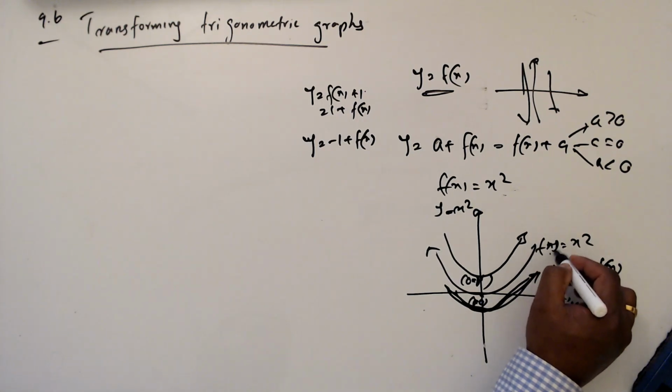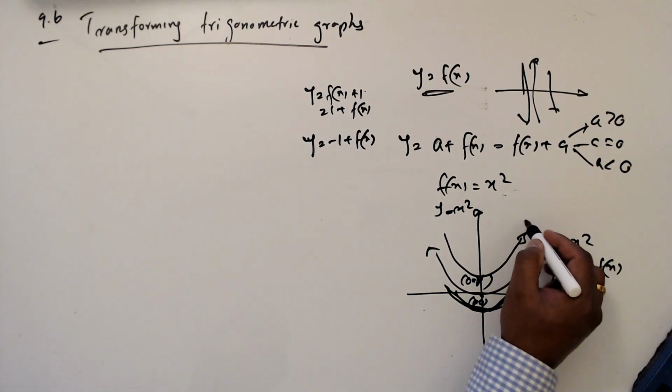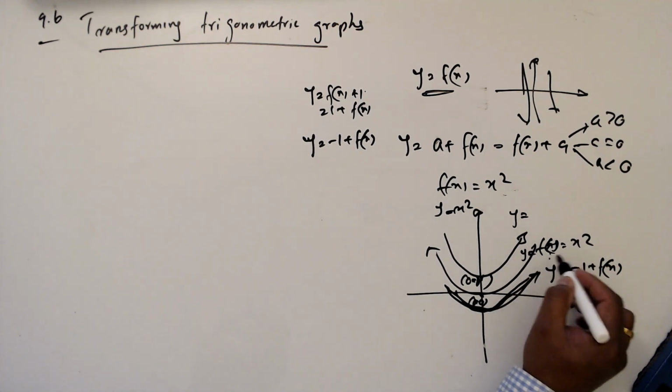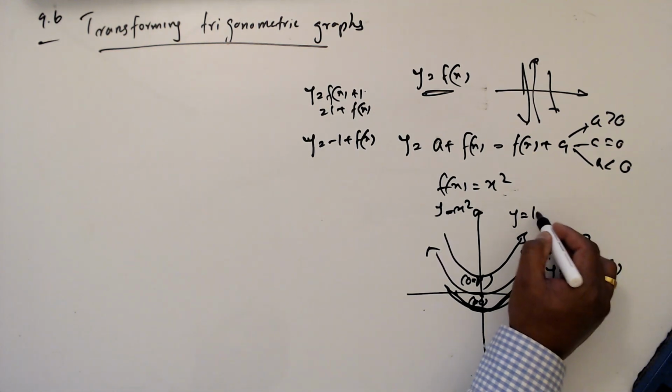This is f(x) equal x squared, and this is y equal 1 plus f(x).